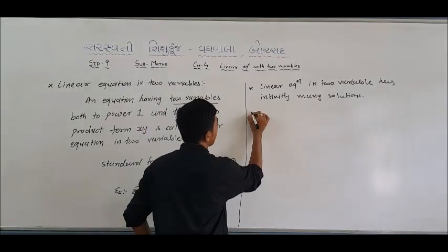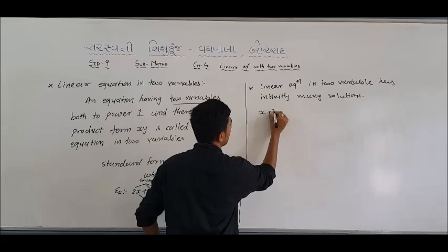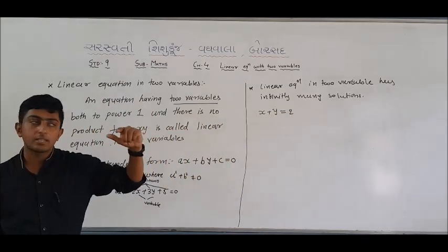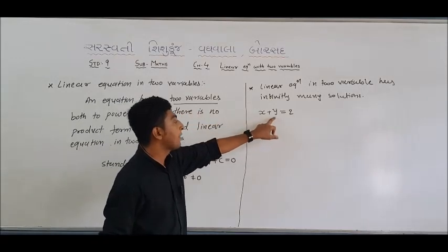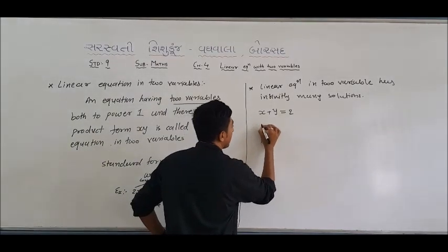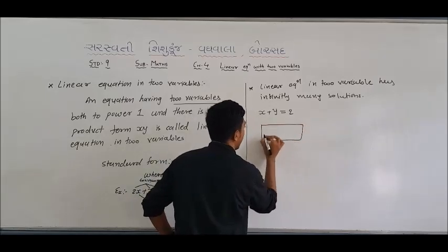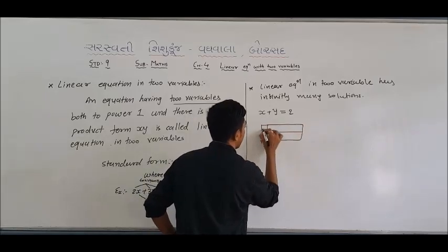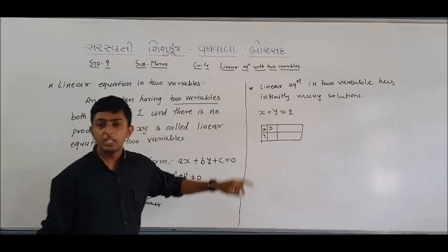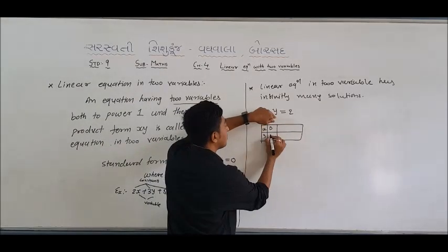First, I have one example, x plus y equal to 2. See, this is a linear equation with two variables, x and y, and 2 is the constant. Let us see. Here I take a table of x and y. If I take x equal to 0, then y will be 2.